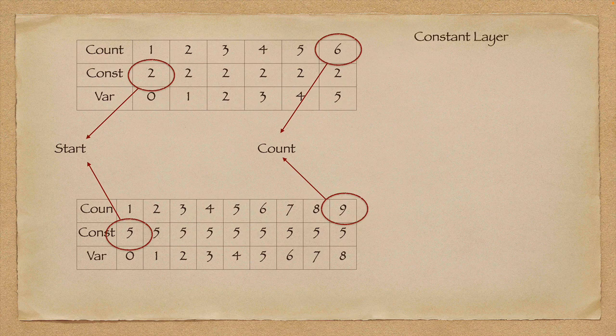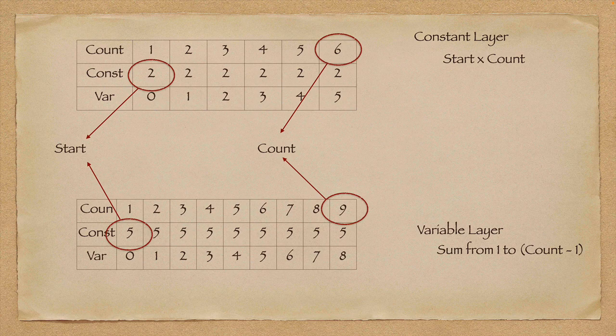So in other words, I have a constant layer where if I add all of them, it's nothing but the starting value, that's 2, times the count. So start times count is going to give me the sum of the numbers in the constant layer. For the variable layer, I just need to sum all the numbers from 1 till count minus 1.